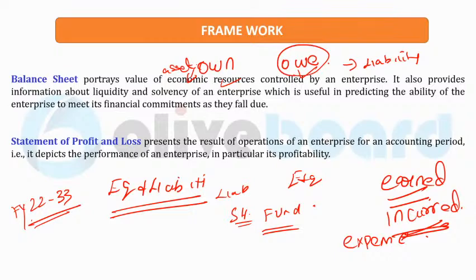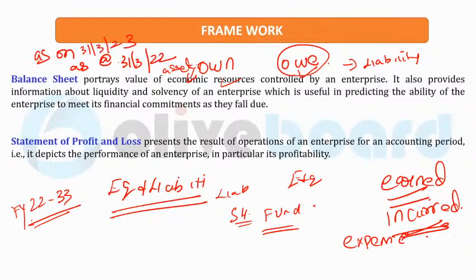Then what is the balance sheet, ma'am? You said own and owe. So is this also during the period? No. Please go and Google it and see. A balance sheet will always have wording like this: statement of affairs of the business, or statement of balance sheet as on, or as at, 31st March 22, 31st March 23.